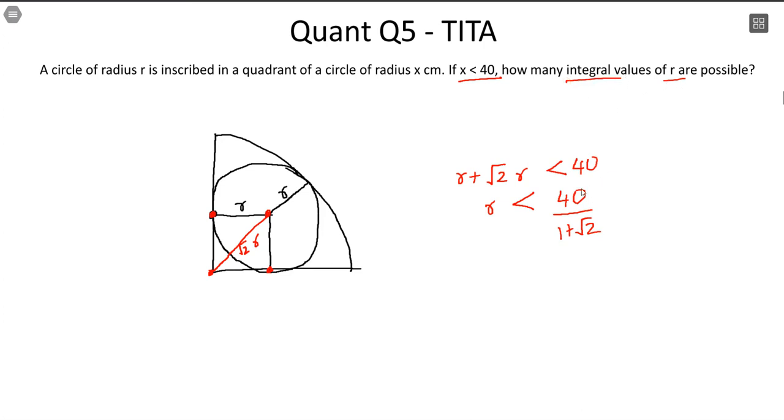Now they are asking me how many integral values of r are possible. Although they say integral, the implied condition is always positive integral, because this is a radius of a circle, it cannot be negative. So 1 plus root 2, I can write it as 40 divided by 2.414.